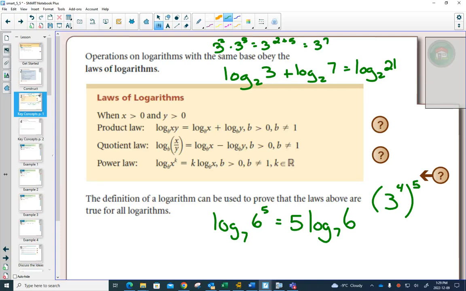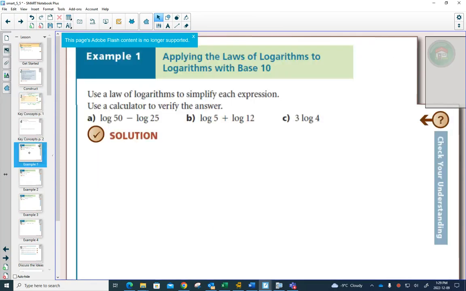And then we're gonna find out how these are useful for solving equations afterwards. But before we can get good at solving the equations, we have to get good at working with our log laws. So here is example number 1.